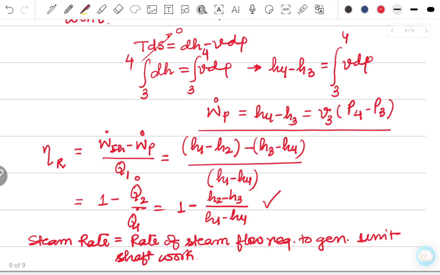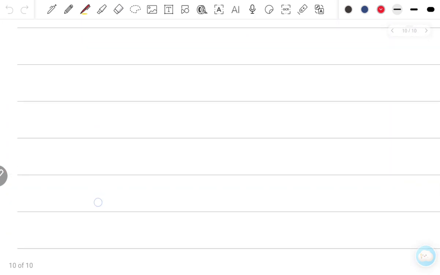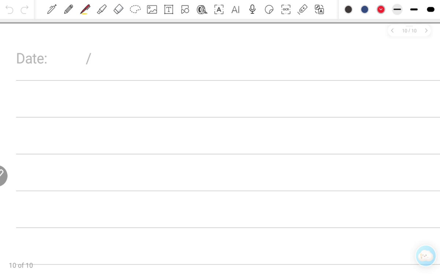And there is another factor which is used in contrast to efficiency, and that is what we call heat rate. Now, how do we define heat rate? Heat rate is defined as the amount of heat required to generate unit shaft work.